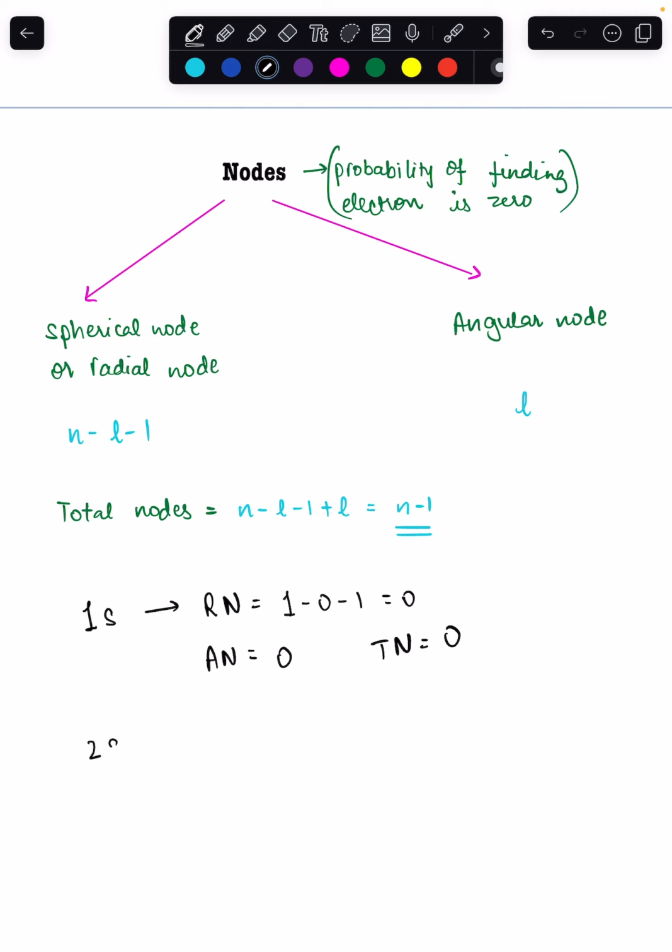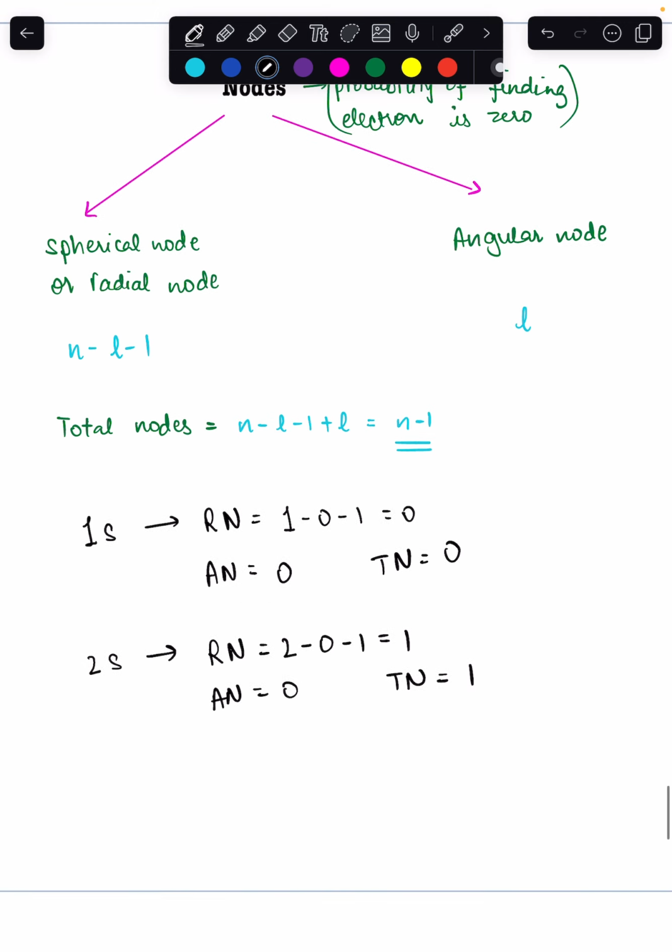Similarly for 2s, we get radial nodes 2 minus 0 minus 1, which is 1. Angular node, we again have 0. So total nodes we are going to have is 1, which is n minus 1 as well, and 0 plus 1 as well.